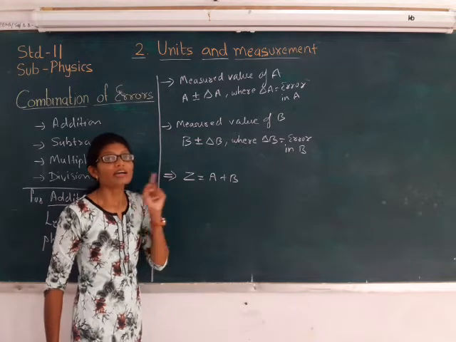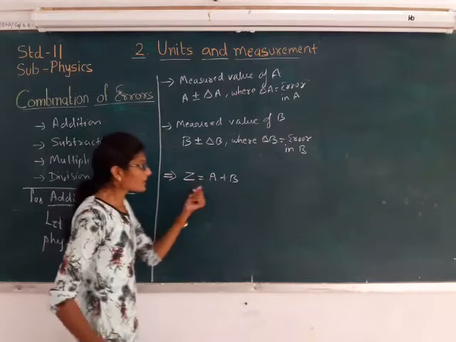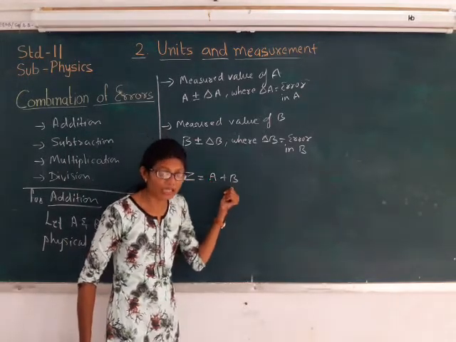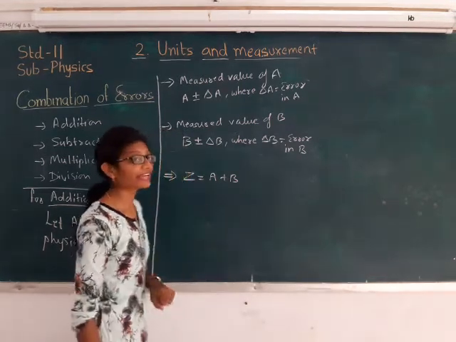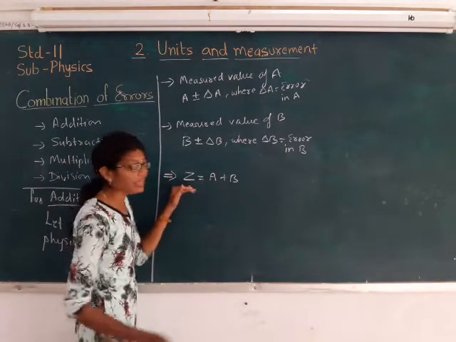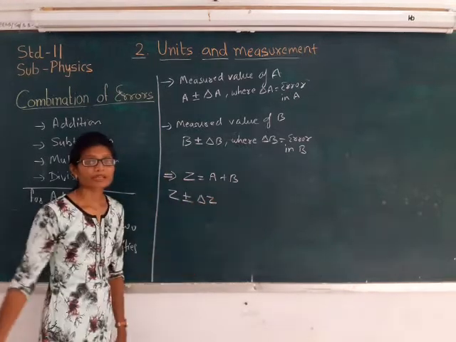Here Z is the result of the addition of A and B. Now see, because we are having error in A and error in B, we will get the error in the result also, that is we will be getting the error in Z also, right? So Z can be represented as Z plus minus delta Z.